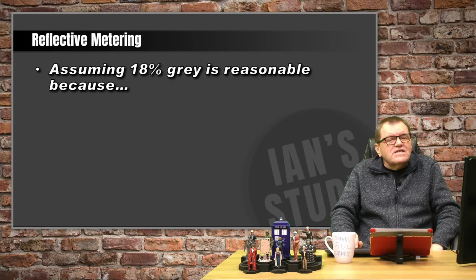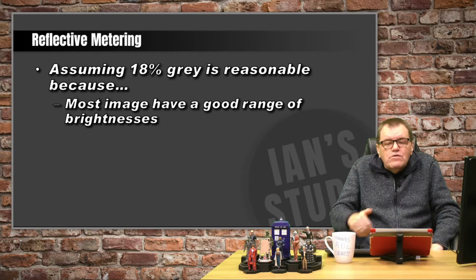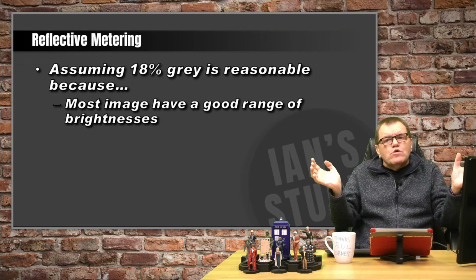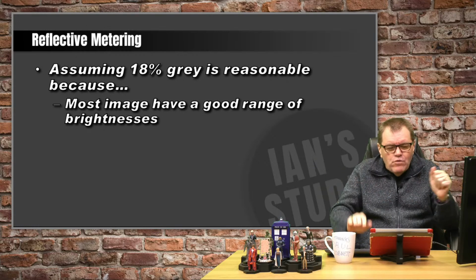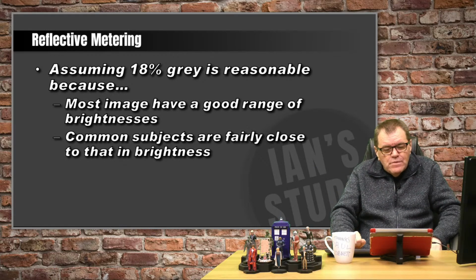Now, is this a reasonable thing to assume? Well, you've got to assume something, but yeah, basically it is fairly reasonable because most images have a good range of brightnesses, which would all sort of equate down to this mid-grey if you average them all out.